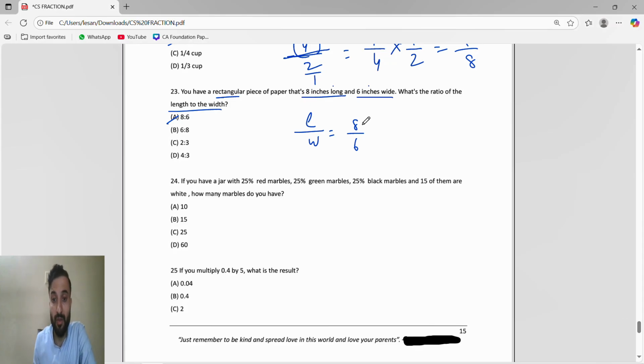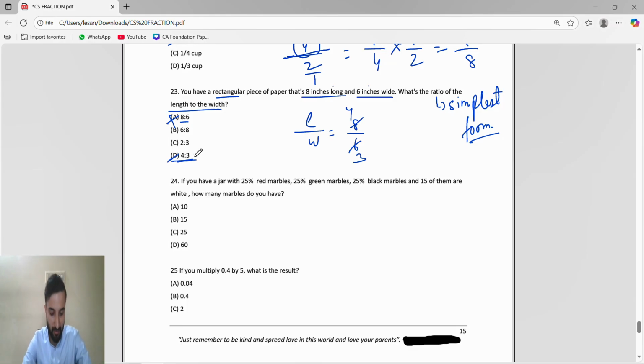Now see here, if you cancel this, 4 to the 8, 3 to the 6, it is 4 is to 3. Now you can take 8 is to 6 or 4 is to 3. We will take 4 is to 3. The reason is that every time the ratio should be in simplest form. So 8 by 6 is not the answer. 4 is to 3 will be the answer.